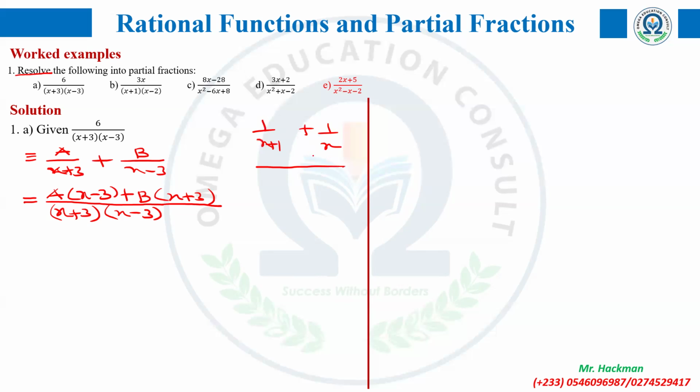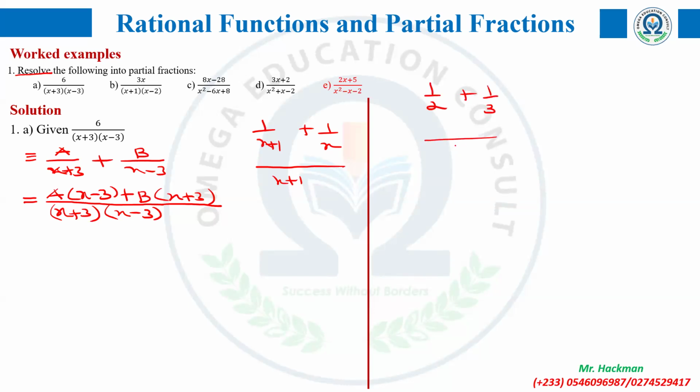Prof. Adam, what will be your LCM? X plus 1? No, because this is not a factor of this, you can't take this as your LCM. Assuming maybe, let me come from 1 over 2 plus 1 over 3.